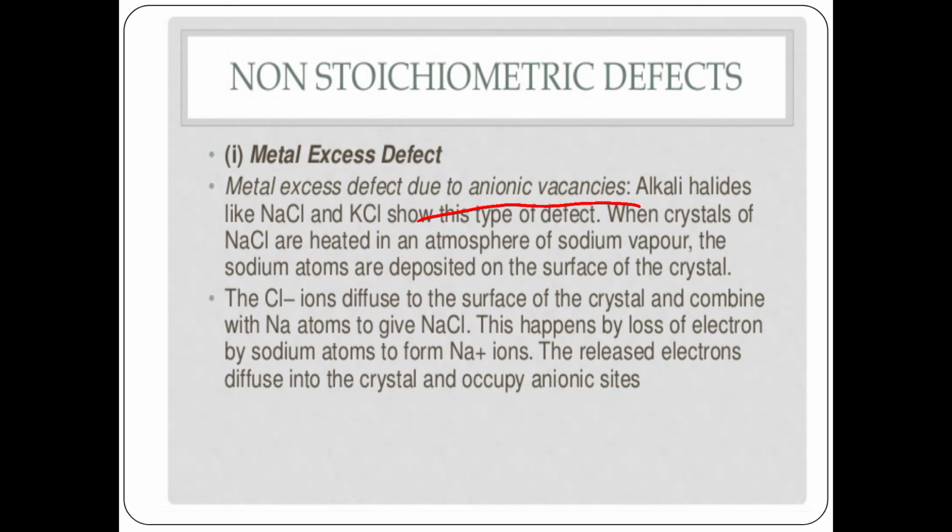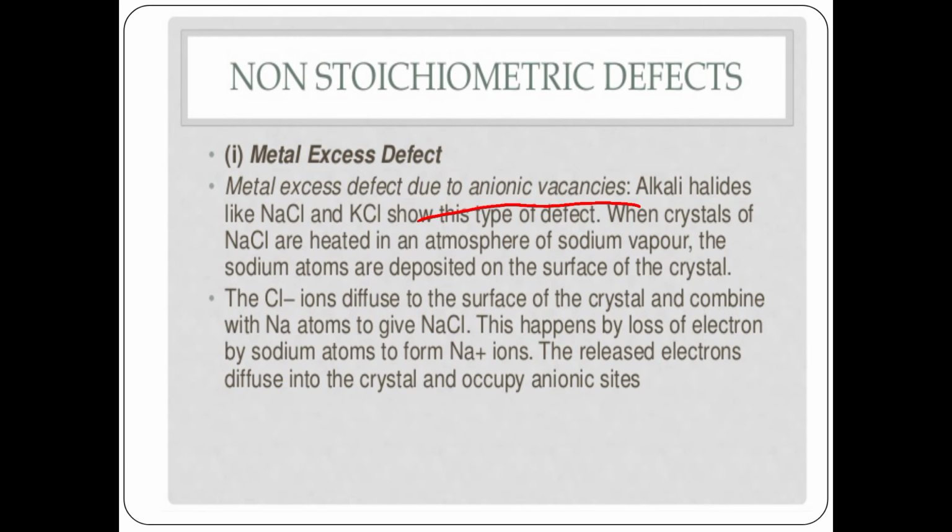Alkali halides such as NaCl, KCl and so on, if heated in an atmosphere of sodium vapor, the sodium atoms deposit on the surface of the crystal. We know in NaCl there are sodium atoms and chloride ions. So chloride ions react with the sodium absorbed on the surface.